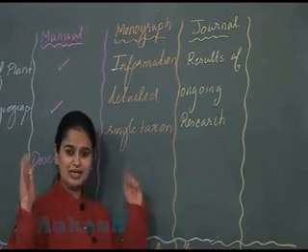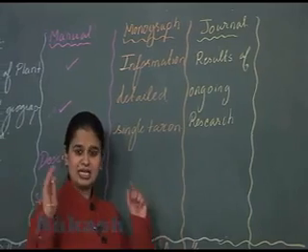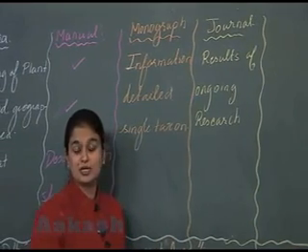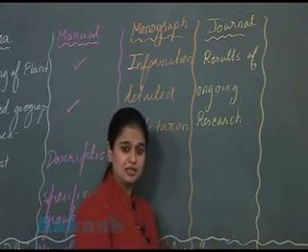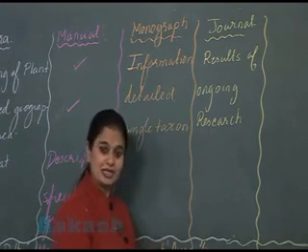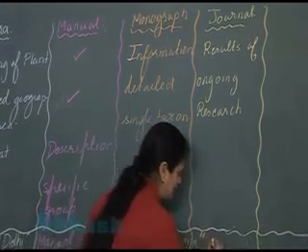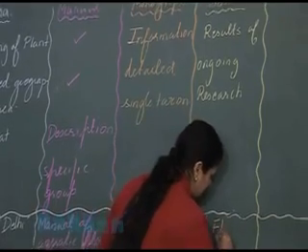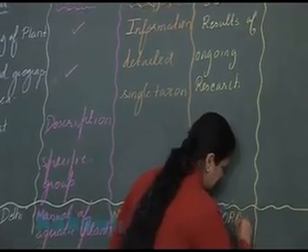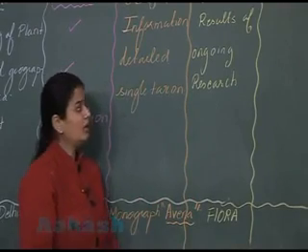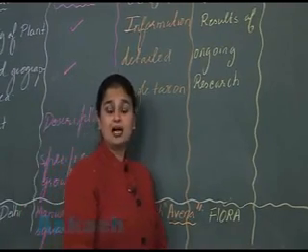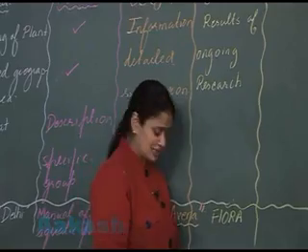So it means any new discoveries, any current research, is going to be published in a taxonomic aid. That aid is journal. Let's write one example here. One example of the journal is Flora. Yes.